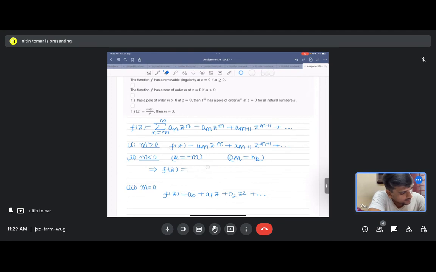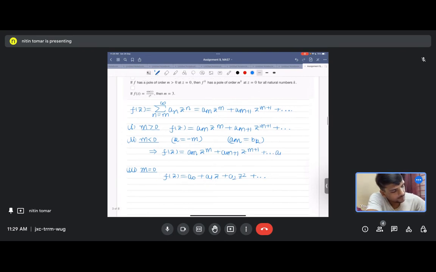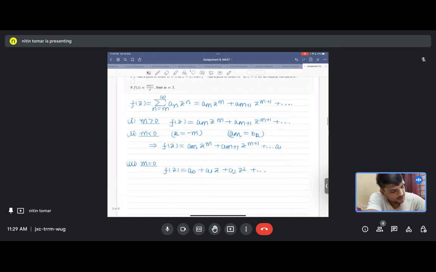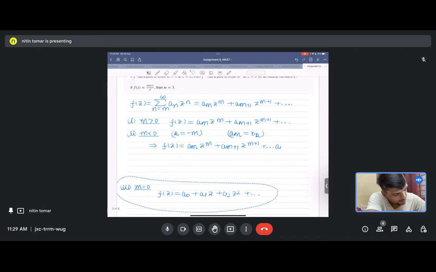Okay, let us write step by step. So when m is negative, this case needs to be discussed. This m negative is a special case which is confusing. That's it, nothing else.